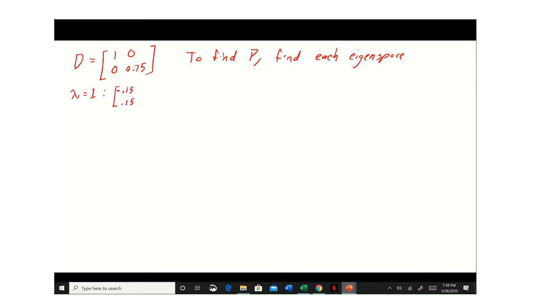That's minus 0.15, 0.10, 0.15, minus 0.10. Augment it with the zeros. Row reduce. We are going to get negative 0.15, 0.10, just by adding them together. Our last row is 0. And when we simplify it, we are going to get 1, negative 2/3, 0, and 0, 0, 0.